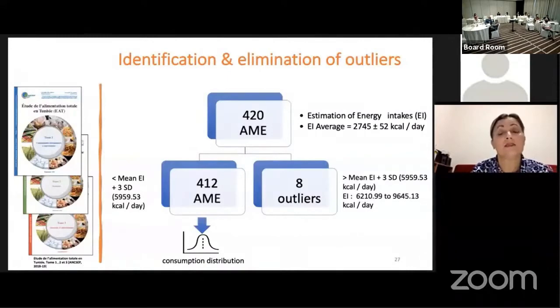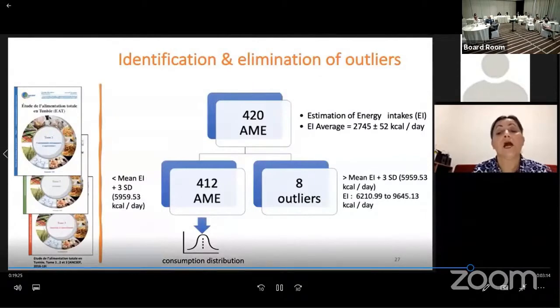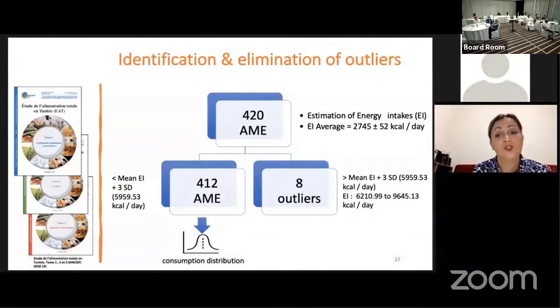The average energy intake of the subsample of 420 adult male equivalents was 2,745 kilocalories per day. And we decided that we would eliminate all the adult male equivalents that have an energy intake above mean plus 3 standard deviations. It was almost 6,000 kilocalories per day.